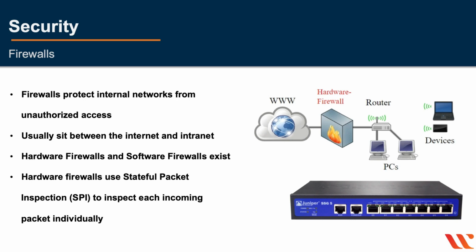Hardware firewalls are usually built into routers, and software firewalls are run on the computers. Both of these firewalls protect the computer and the network, and you can usually run both of them at the same time. Firewalls also use stateful packet inspection to inspect each incoming packet individually.